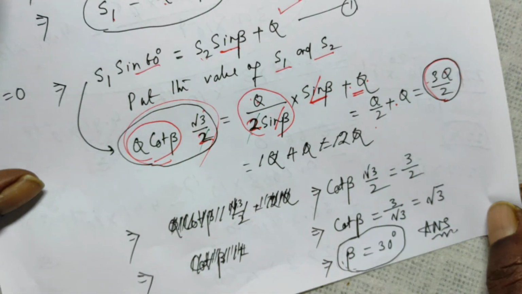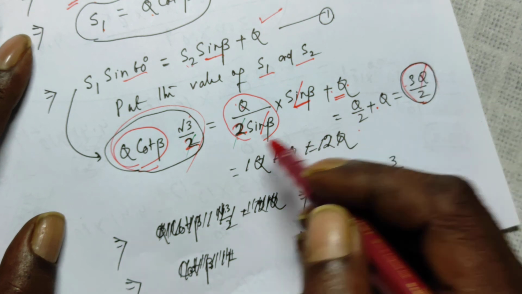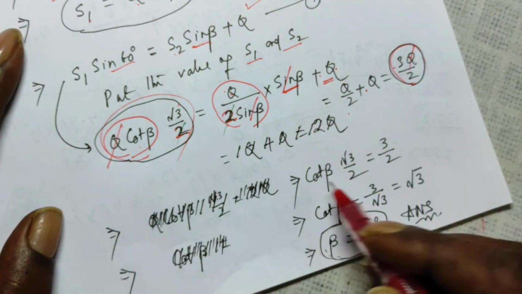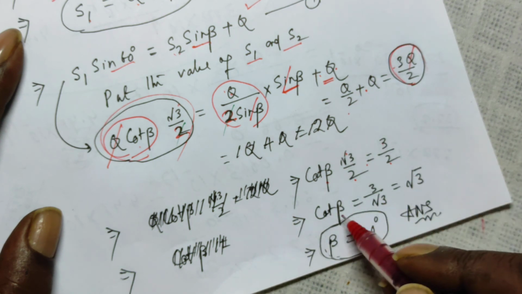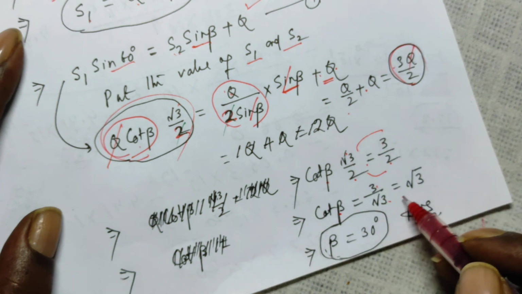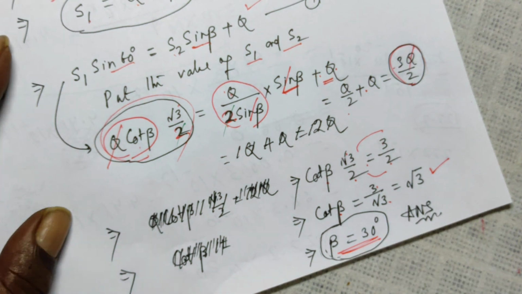Now the 2 can be cancelled, no? So now the Q is cancelled because both are multiplied on either side. So I'm left with cot beta root 3 over 2 is equal to 3 by 2. So cot beta, this goes to the other side, becomes 3 over root 3, that is root 3. So beta is equal to 30 degree, right?